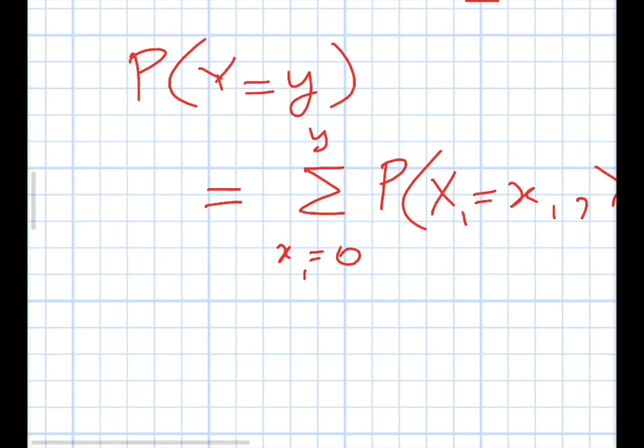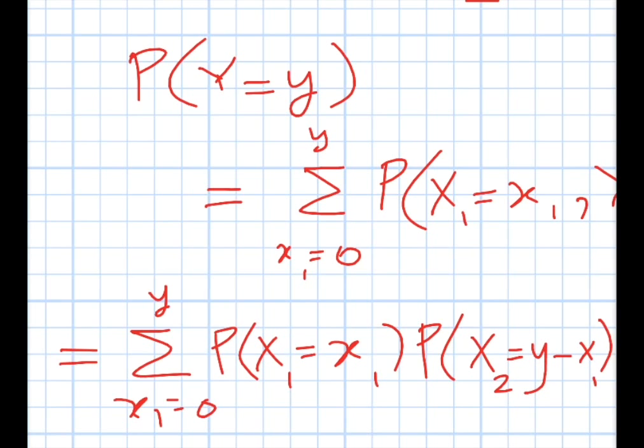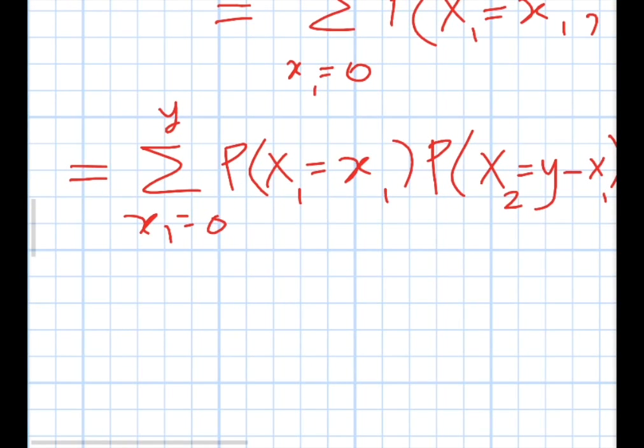Now, using the independence property, we can say that this is equal to the sum for x1 equal to 0 to y of the probability that X1 is equal to x1 times the probability that X2 is equal to y minus x1. Okay, now we apply the PMF of a Poisson random variable.